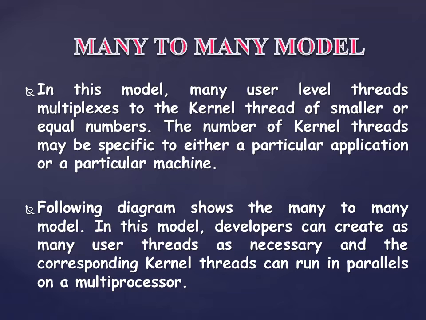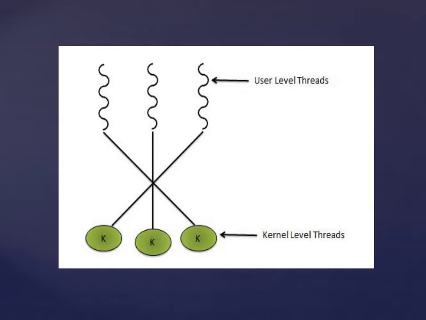In this model, developers can create as many user threads as necessary, and the corresponding kernel threads can run in parallel on a multiprocessor. So, this is the many-to-many model diagram. Many user-level threads to many kernel-level threads.